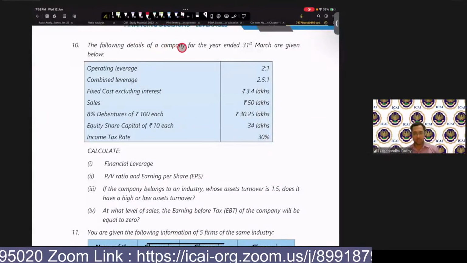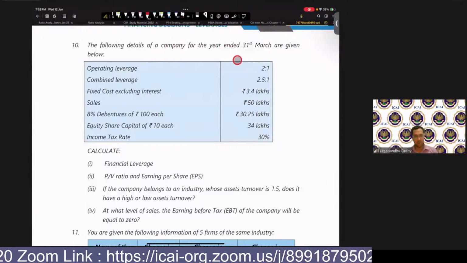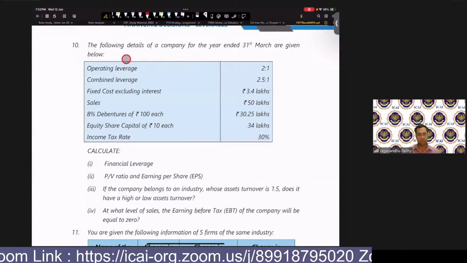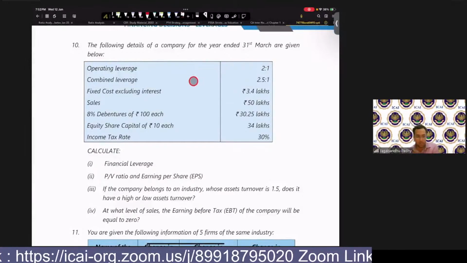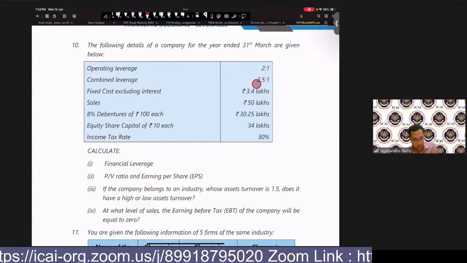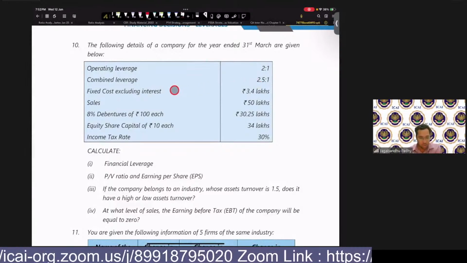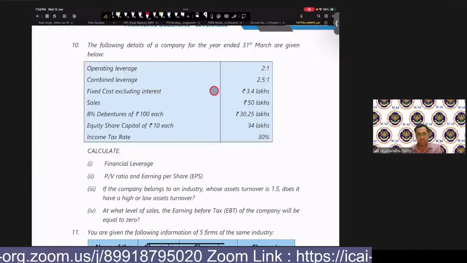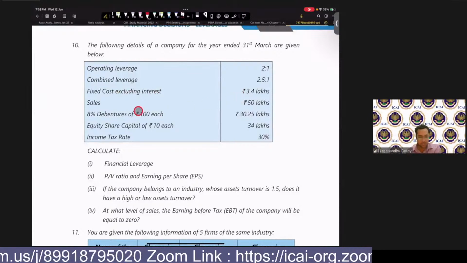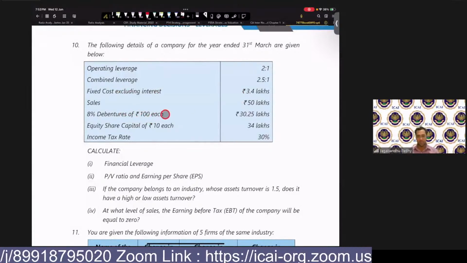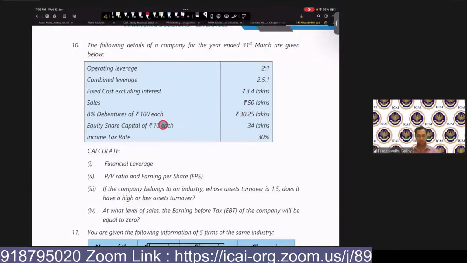The following details of a company for the year ended 31st March are given. Operating leverage is 2 to 1. Combined leverage is 2.5 to 1. Fixed cost excluding interest is 3.4 lakhs. Sales is 50 lakhs. 8% debentures of rupees 100 each, which is 30.5 lakhs.